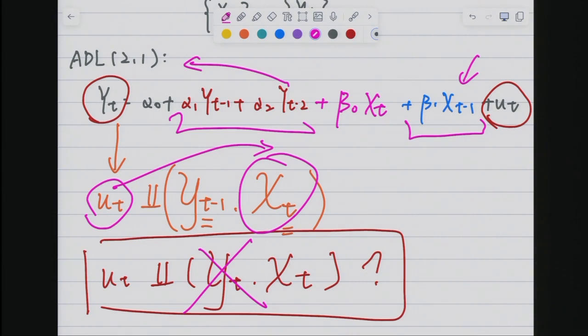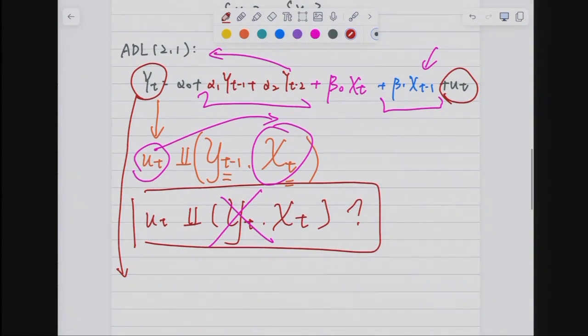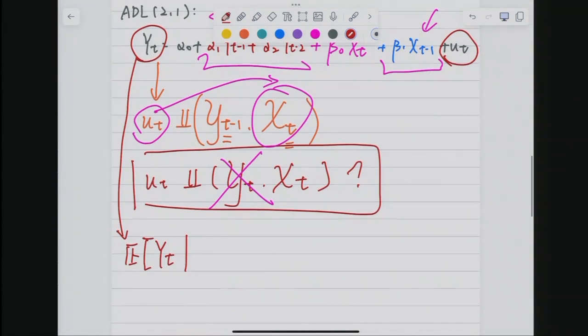if included. So what we're saying is, imagine for the ADL21 model here where we have the xt, the conditional expectation of yt, here it's given all past for yt, and that's all the information of x up to time t.